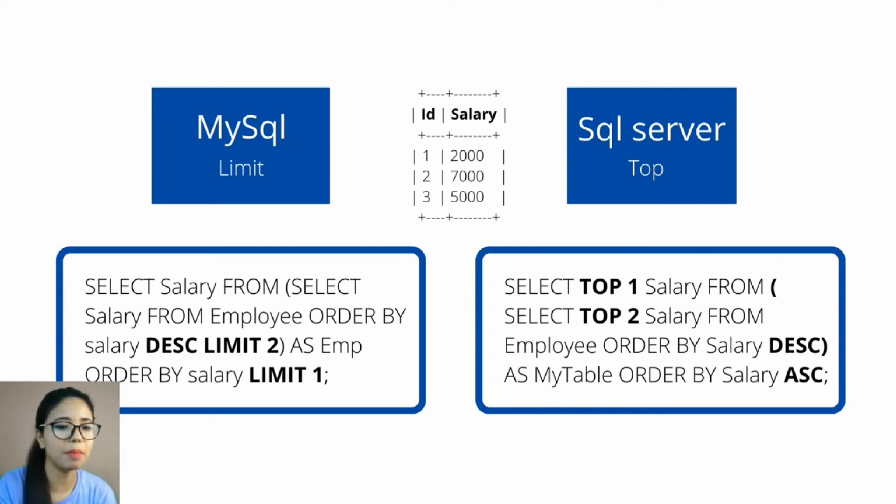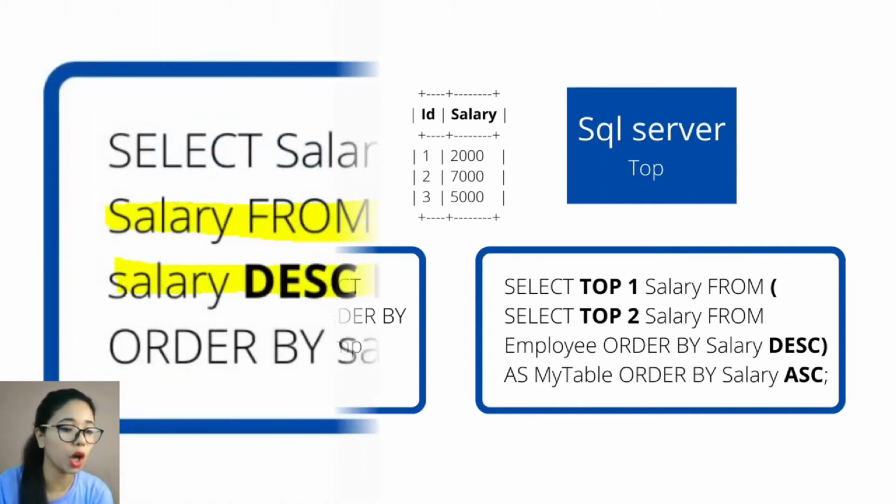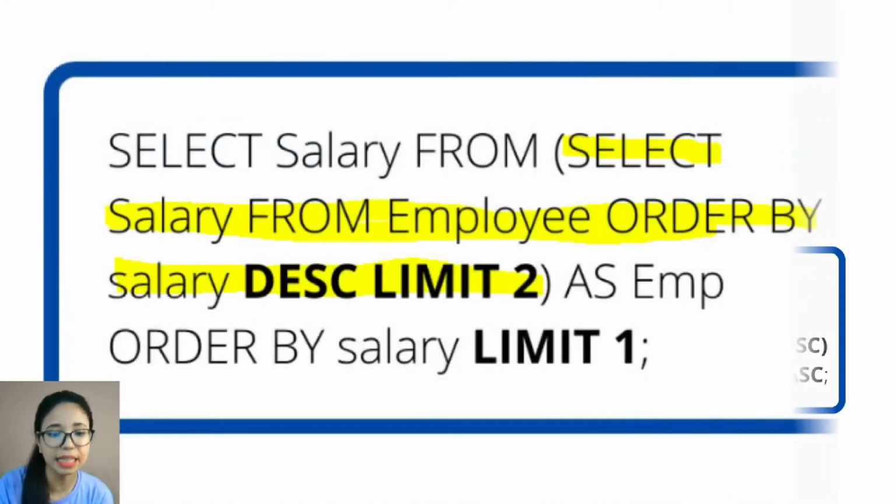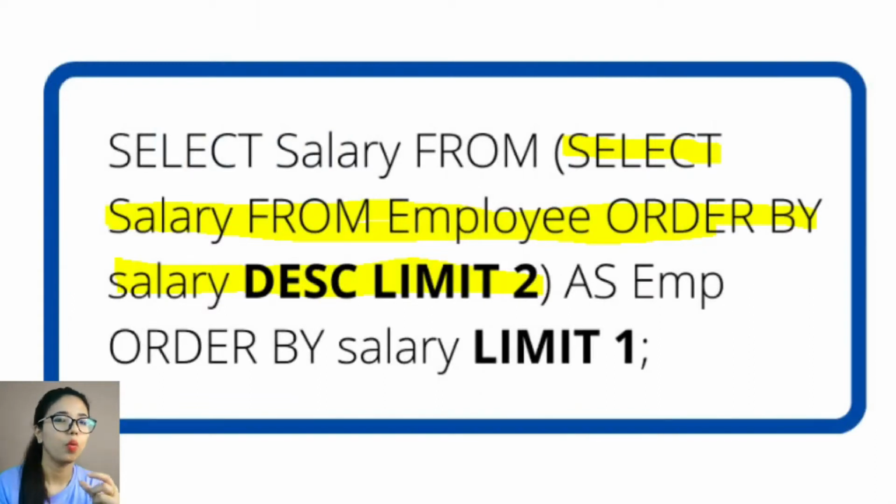So first check the MySQL one: select salary from employee order by salary descending limit 2. Limit means whatever number we give, the result is going to be exactly that many rows. If you give limit 2, it is going to fetch only 2 rows. If you give limit 3, it fetches 3 rows. If you give limit 1, it fetches 1 row.